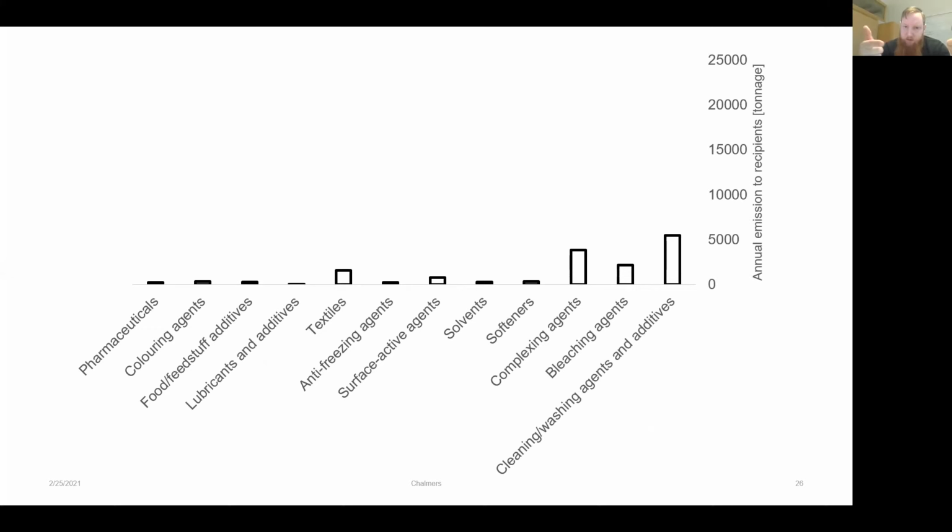And what you see here is that for some uses, you have a large reduction in the total outflow, while for some uses, you don't have that large of a change. Now that kind of makes sense, because what gives a compound good properties to work as a cleaning and washing agent is also those properties that might mean that it gets stuck to sludge, for instance, in the sewage treatment plant.